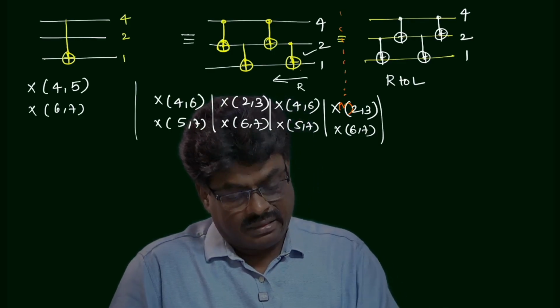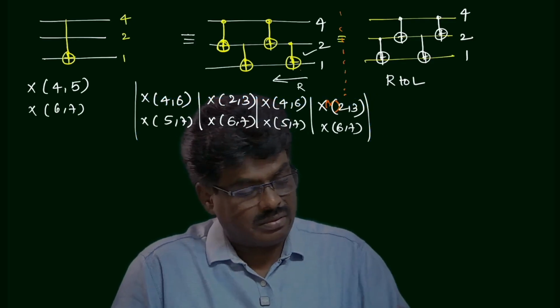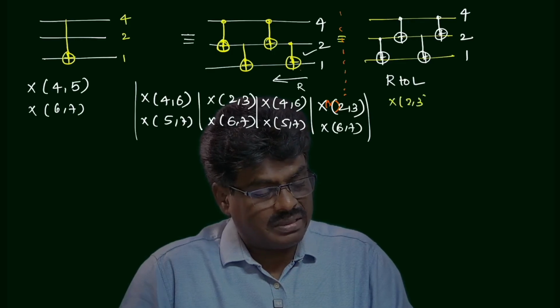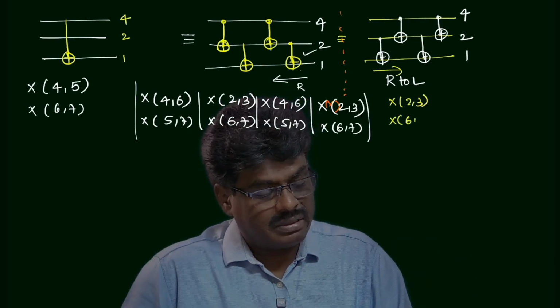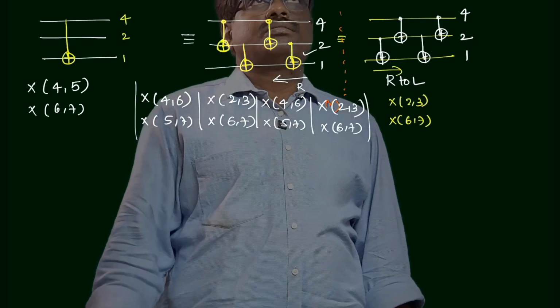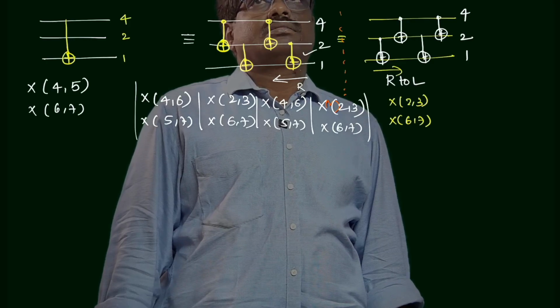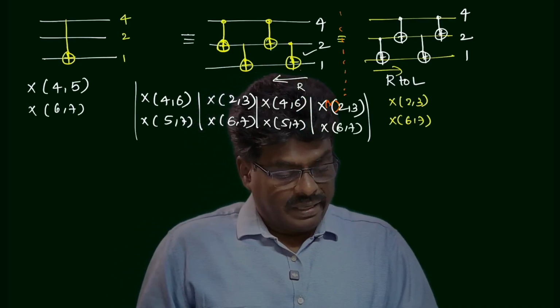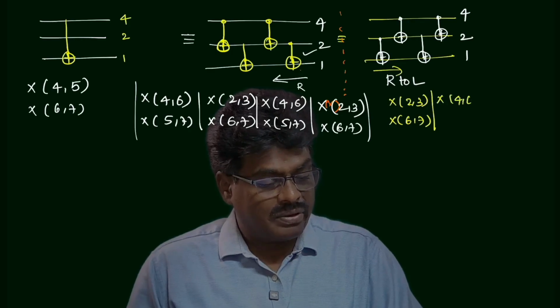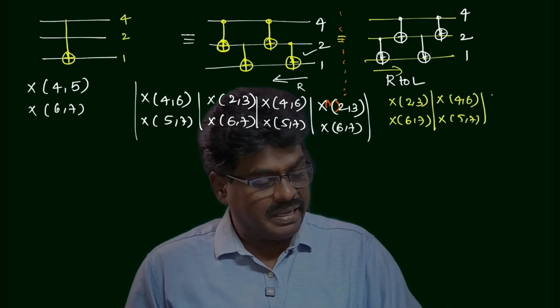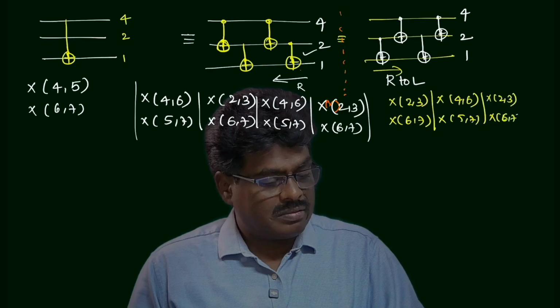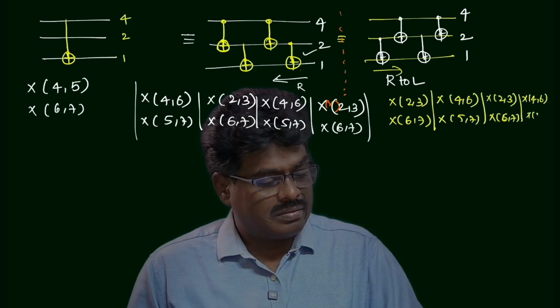Okay, so let me write this also. So here third one I am writing, this is x of 2 comma 3, first one always left to right, 2 comma 3, 6 comma 7, so after adding this, take the next x gate, that is 4 comma 6 and 5 comma 7, and repeat again the same thing, 2 comma 3, let me write properly, and repeat the next one, right.